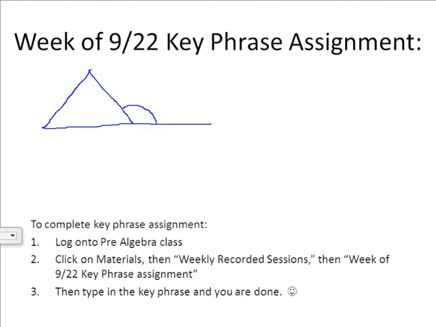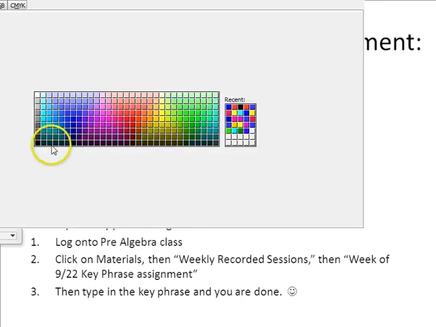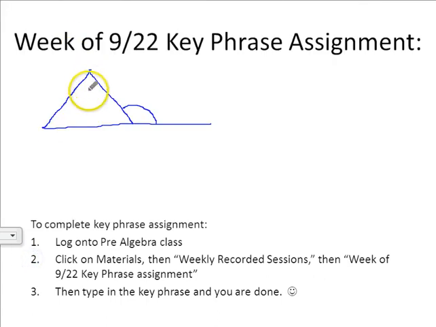And I'm going to label all the angles that occur. So we'll call this angle 1, angle 2, angle 3, and angle 4. So if I wanted you to find the measurement of angle 4, what two angles would you add together?